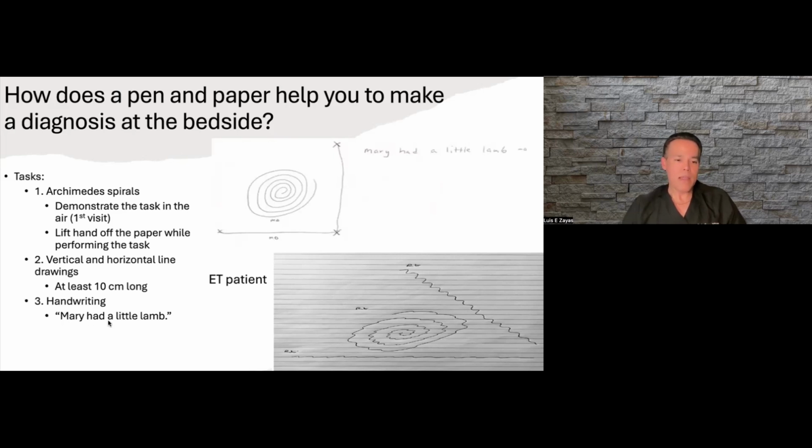And for the handwriting, instruct the patient to write a sentence with a lot of vertical letters, such as the H, L, V, and you can see in these letters the oscillation, and even the axis that you see in a patient with essential tremor or Parkinson's disease.